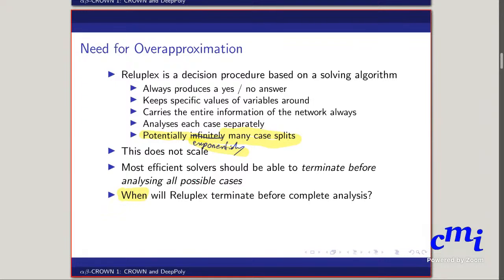More concretely, I'm not asking you to give me an example of a network and property pair. What I'm saying is, let's assume that the Reluplex algorithm terminates early, then what must happen during the analysis? What must be true about the network so that that happens? Any guesses? Anybody?